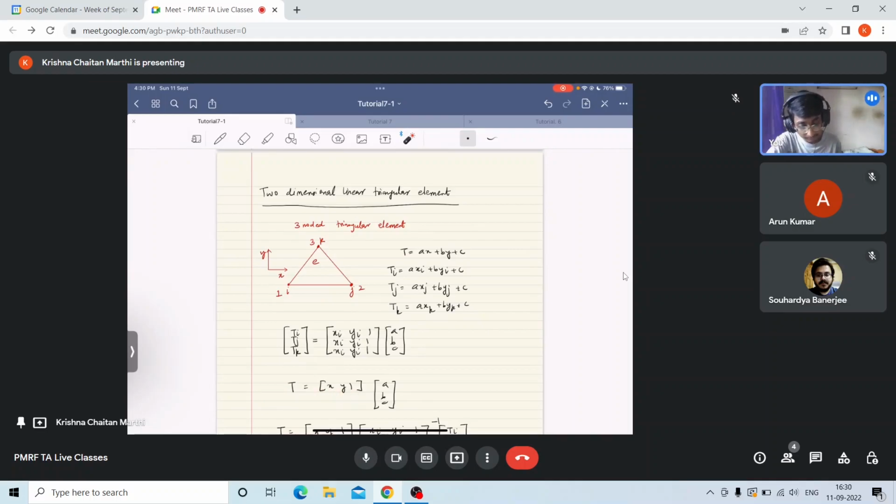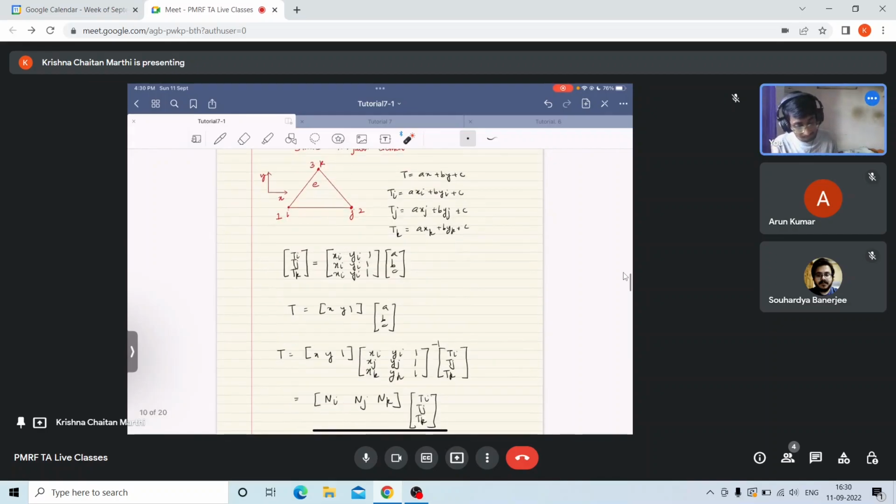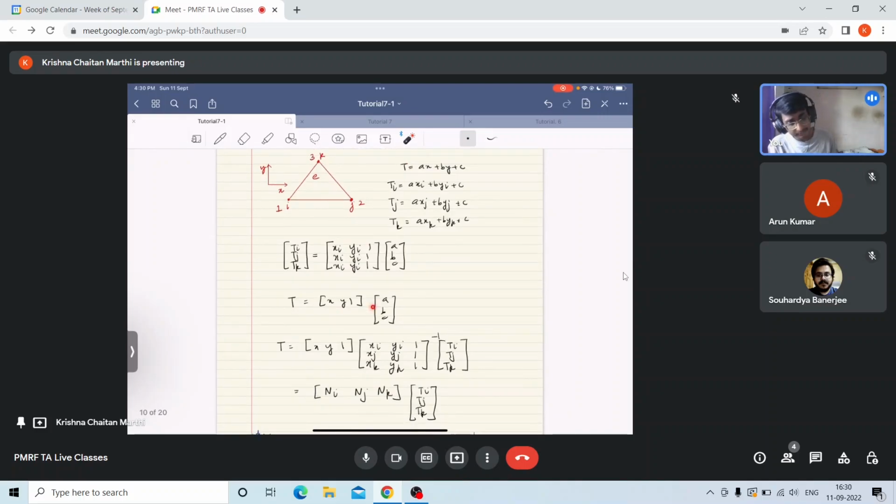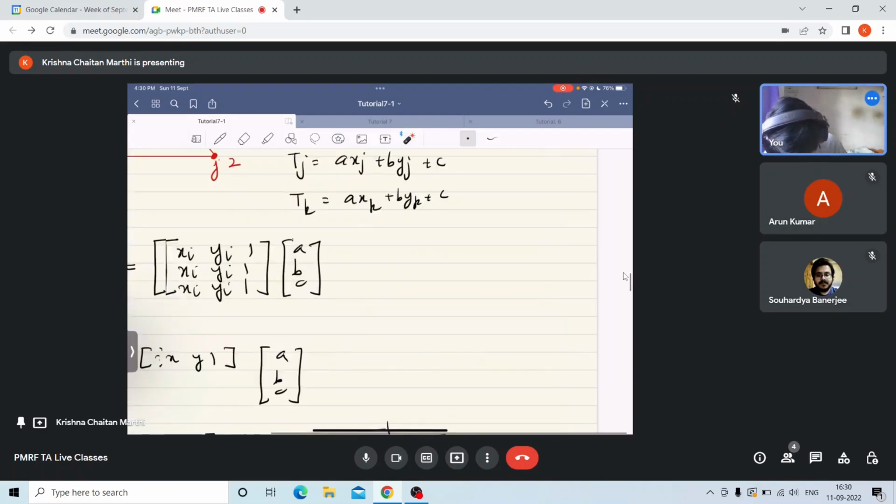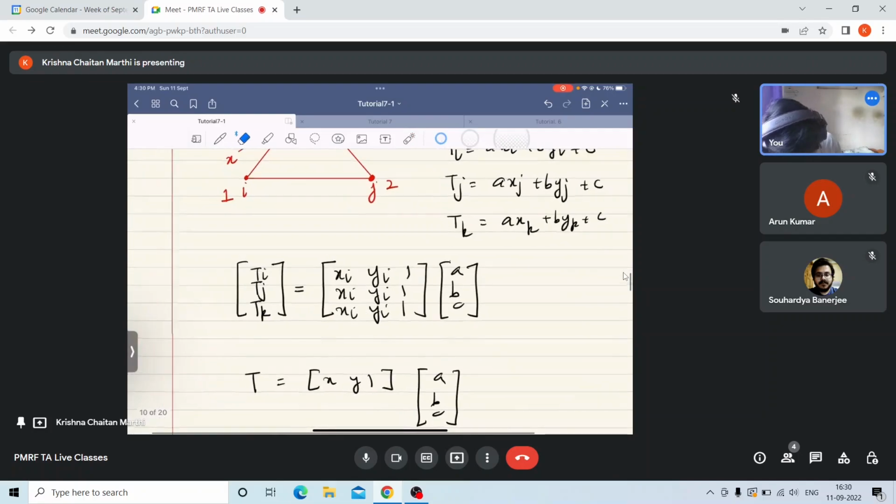So my T can be written as ax plus by plus c. So that is this T. So I can get the values of A, B, C by taking the inverse of this xi, yi matrix. So if I multiply by the inverse of this xi, yi, 1 matrix, oh, there is a mistake here. This is xj.